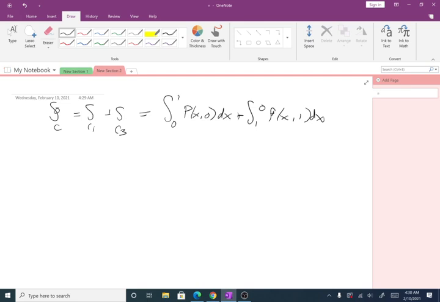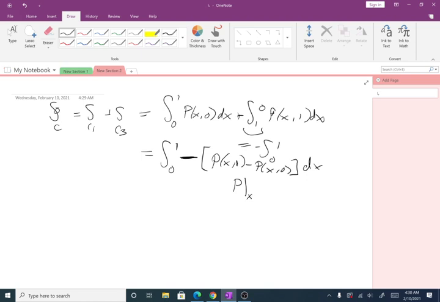Now let's flip the integral. Let's flip this. This is minus the integral from 0 to 1, right? So now we see where that minus sign comes from. Because now this is the integral from 0 to 1 of negative. Let's pull that negative sign all the way out. P(x,1) minus P(x,0). So now we see what's going on. This is actually P evaluated from y equals 1 to y equals 0.